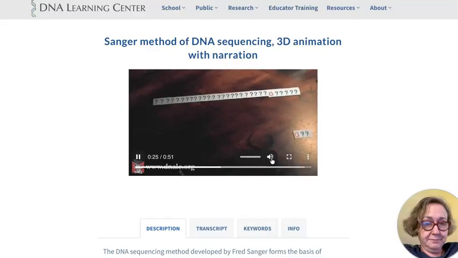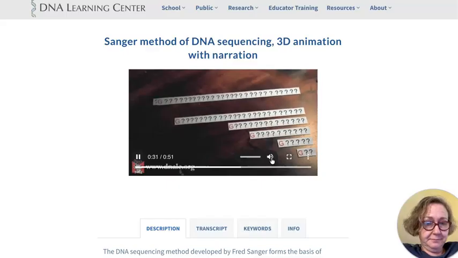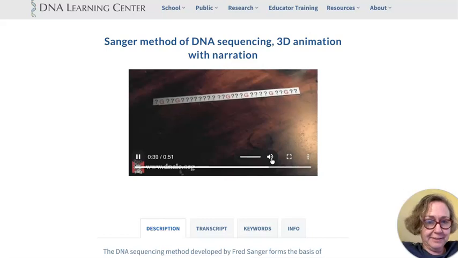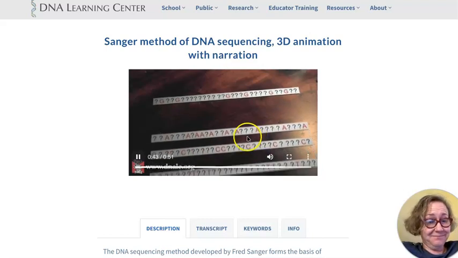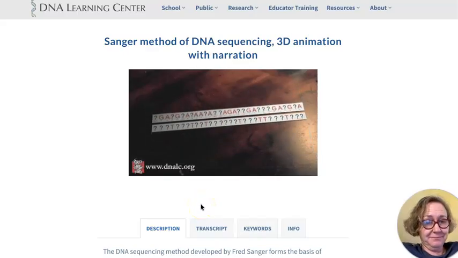These altered bases cause the copying process to stop each time one particular letter is incorporated into the growing DNA chain. Do you see how that works? Isn't that cool? This process is carried out for all four bases, and then the fragments are put together like a jigsaw to reveal the sequence of the original piece of DNA.